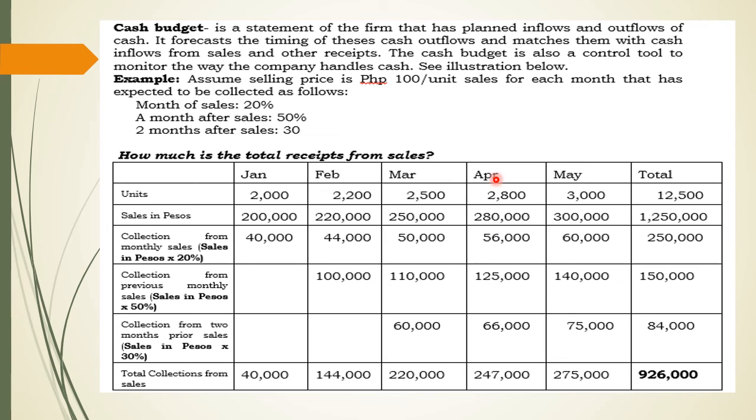Then pagkasunod is 2 months prior sales. So gikan sa April na kay 2 months, March, February. So 220,000 times 30%, you will have 66,000. So i-add nimo na siya tanan 56,000, 125,000 and 66,000.